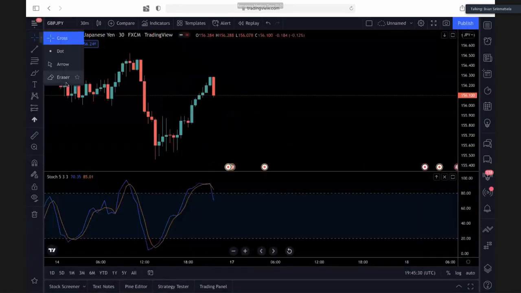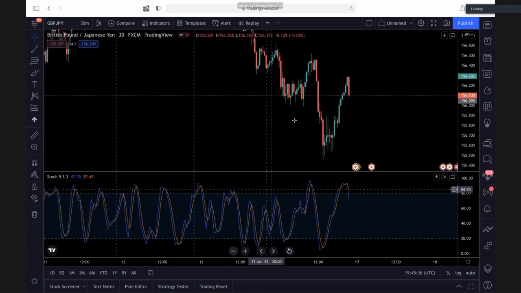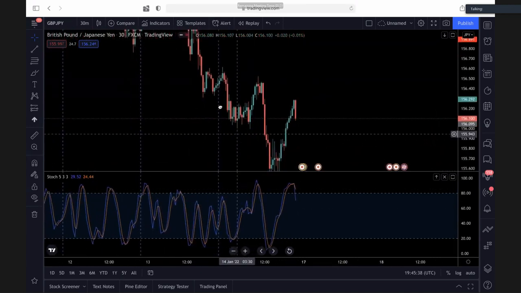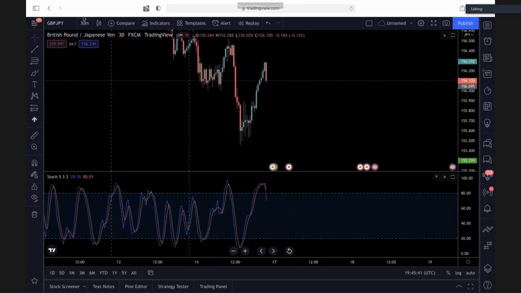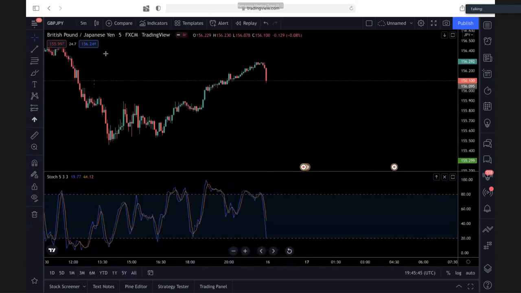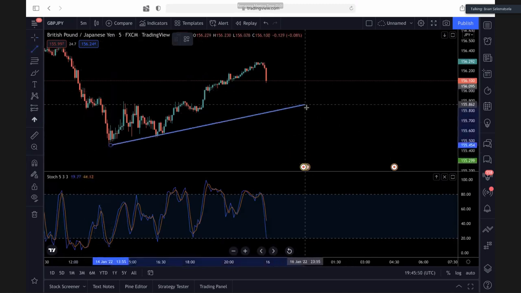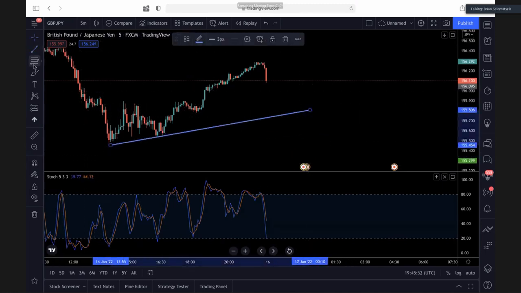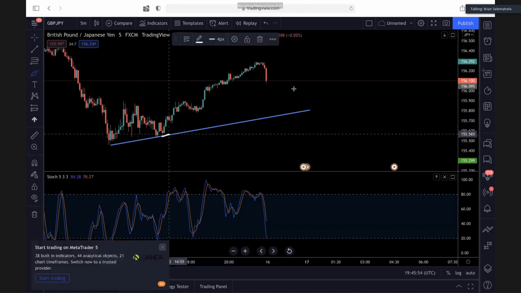So let's check for more. Okay. On 5 minutes, I'm supposed to see a proper structure. Perfect. On 5 minutes, I'm seeing a footprint line. I'm seeing a first layer line.